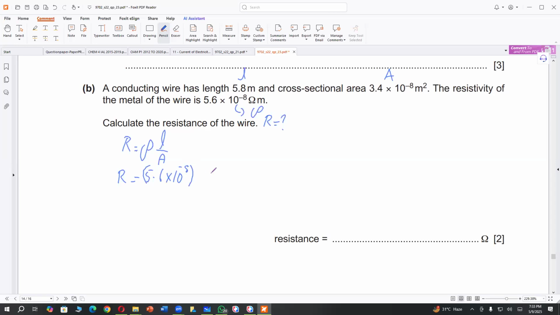The length is 5.8 upon 3.4 10 power minus 8. It's 9.55. So we can then make it 9.6.